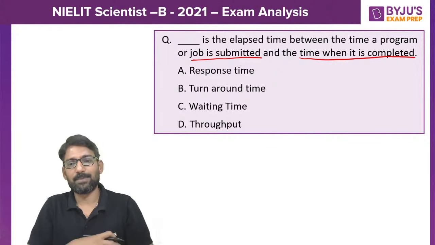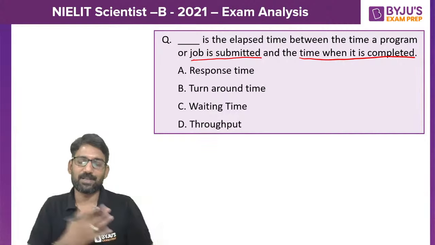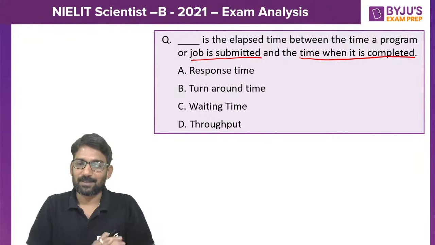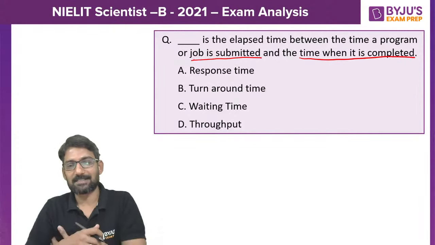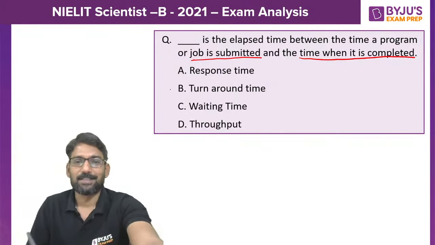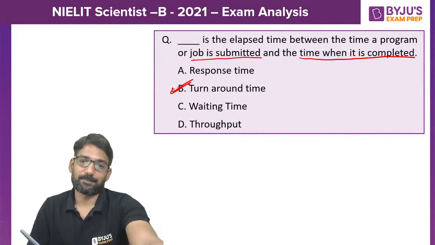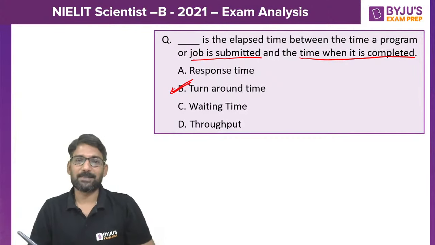The time between submission and completion. Wow. I think the competition is going to be very high because all have given correct answers for all questions. Superb, that's the spirit. So it is turnaround time. Turnaround time. All right.